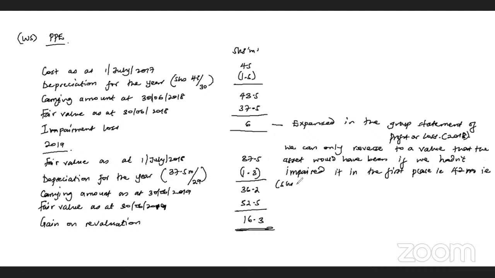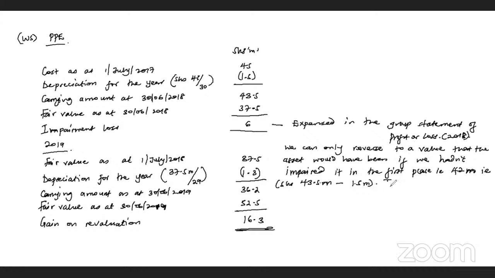I'm getting my shillings 43.5M, of course, minus the depreciation of this year 2019. Annually, the asset depreciates by 1.5M. So 43.5 minus 1.5M gives you the carrying amount of 42 million if there was no impairment.